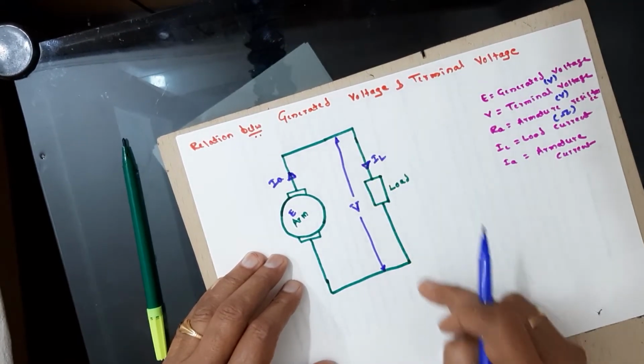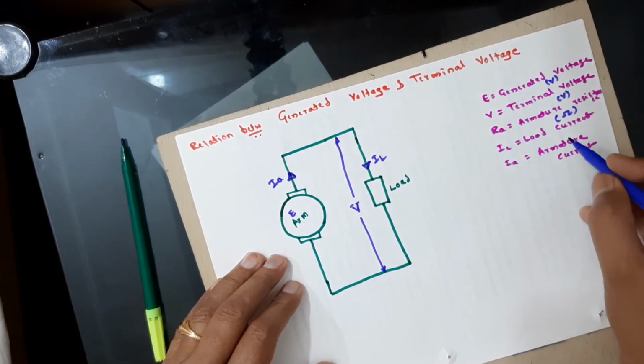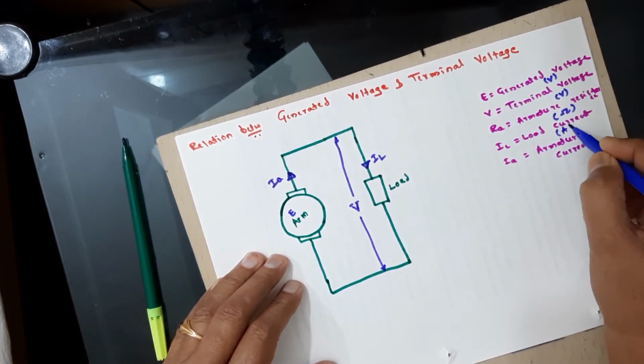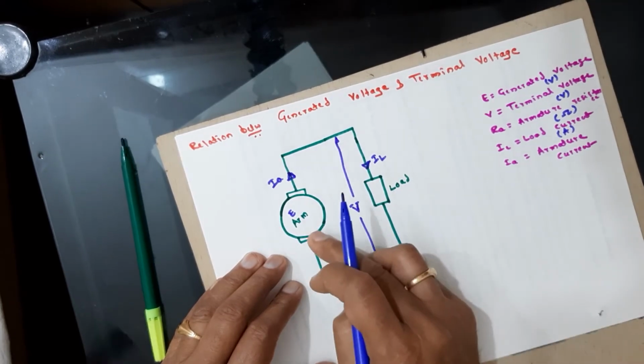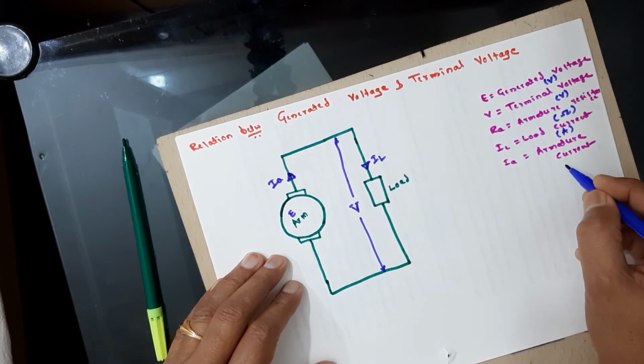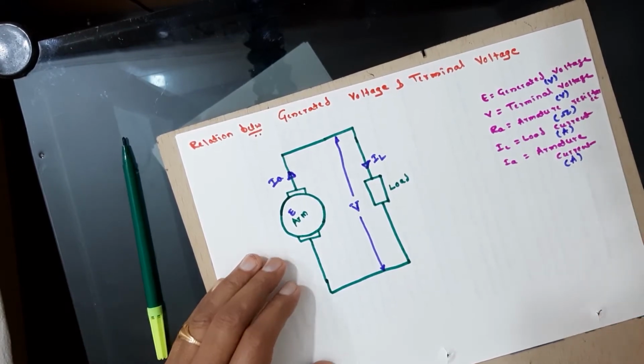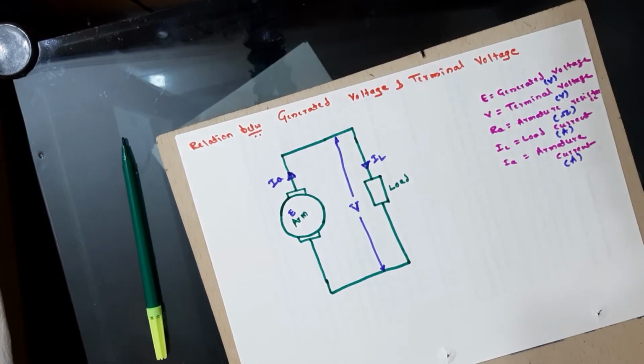The current delivered to the load is the load current, represented by IL, measured in amperes. The current delivered by the armature is the armature current, also measured in amperes. These different terminologies are used in establishing the relation between the generated voltage and the terminal voltage.